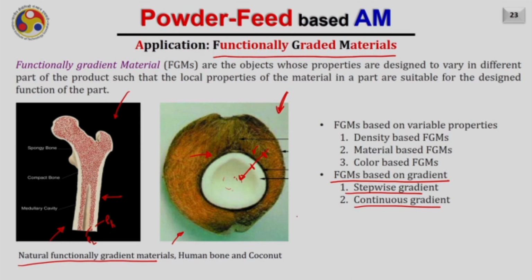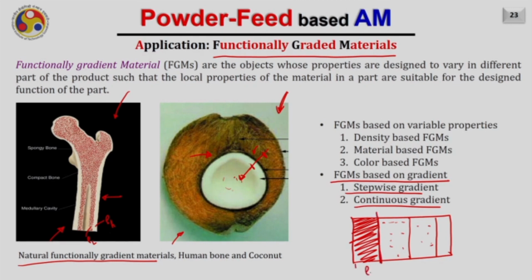So, for example, as you see, if I say this is the part having high density in this zone, maybe up to this location only, and suddenly after that the density is changing, and then suddenly in this zone density is further changing. So, I can make a sharp line and say that in this zone density is rho 1, in this zone density is rho 2.